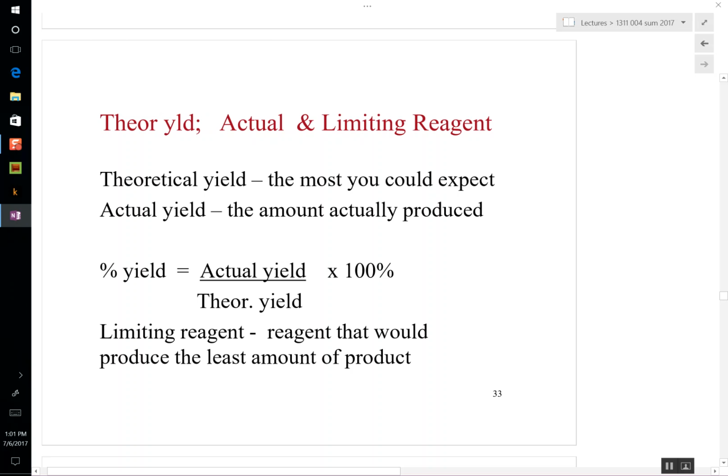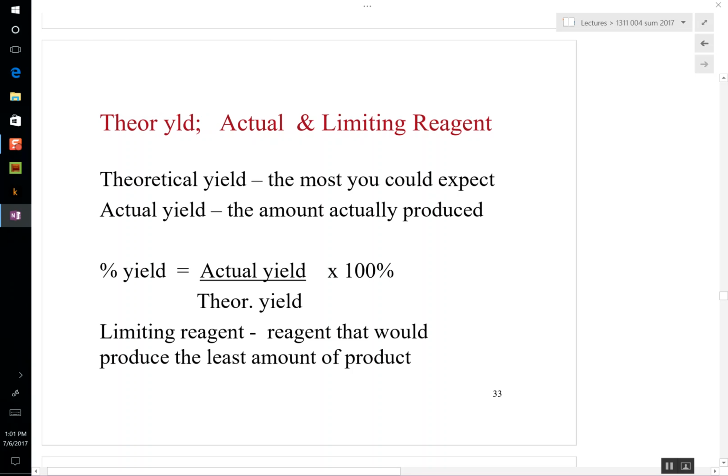So when a car stops running because it ran out of something, what does it run out of? Gasoline. So I ran out of gas. Ran out of gas today. Did you run out of air? No, I didn't run out of air. I was still breathing. But my car wasn't running. So your car, this is your limiting reagent or your limiting reactant.